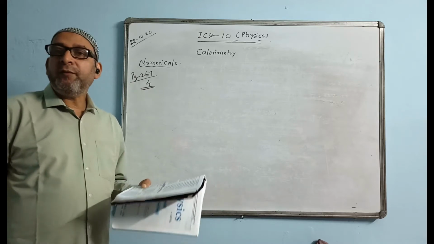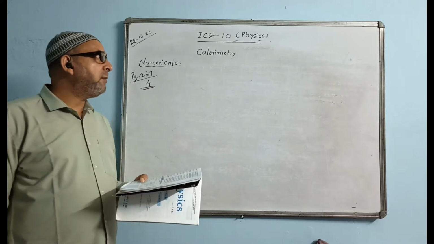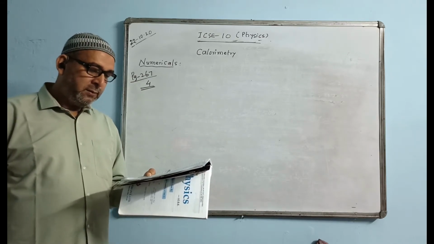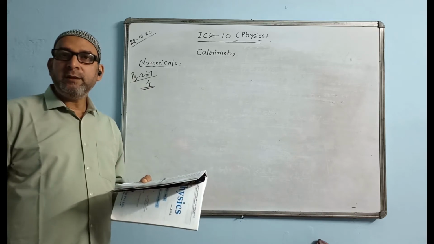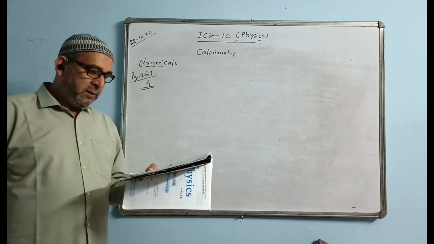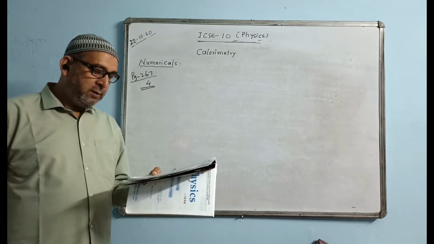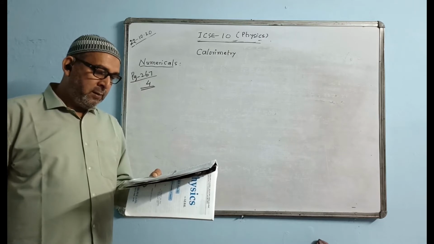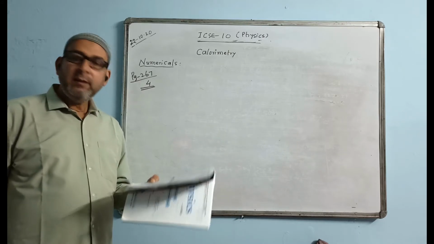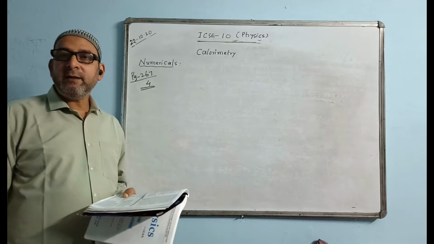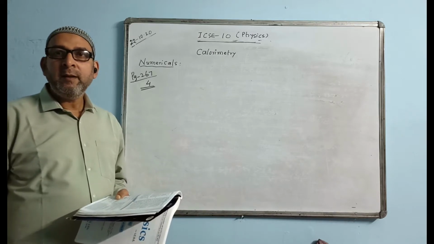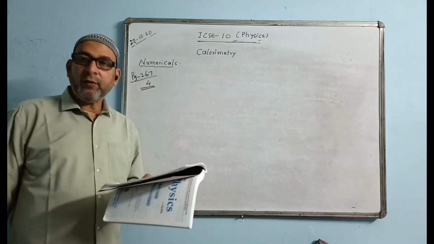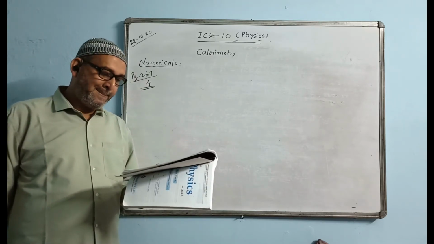When the same amount of heat energy is given to 60 gram of oil, its temperature rises by 40 Kelvin.